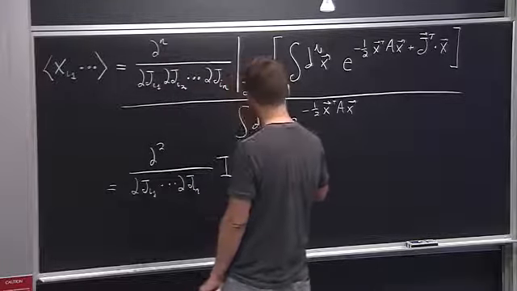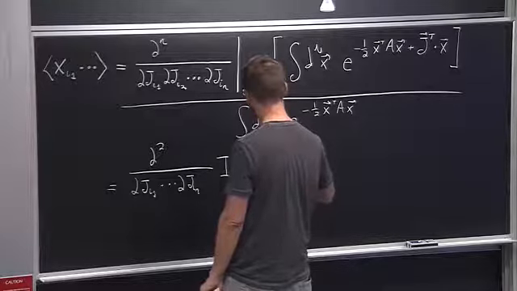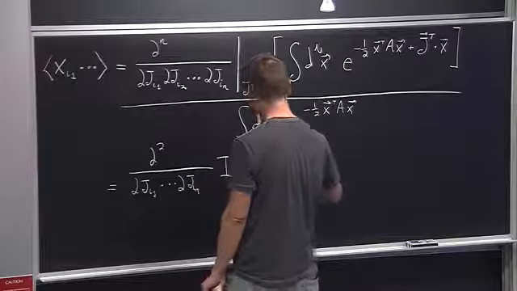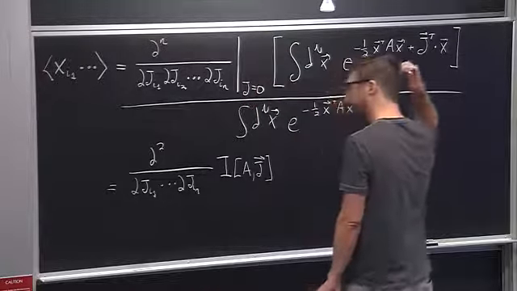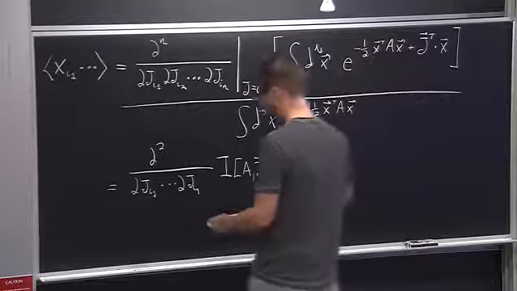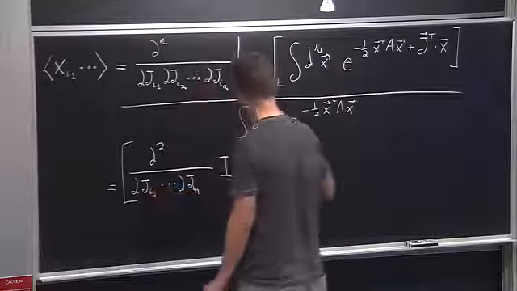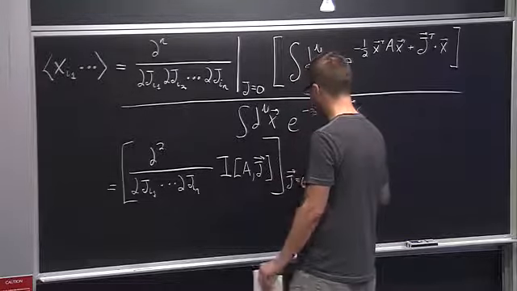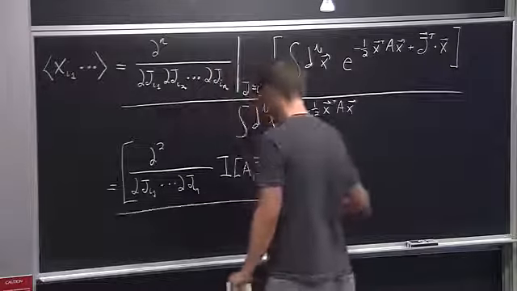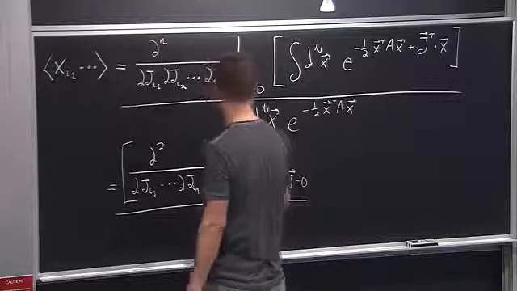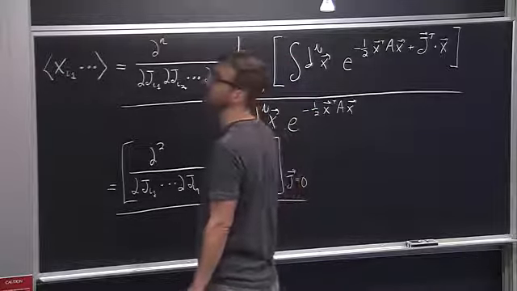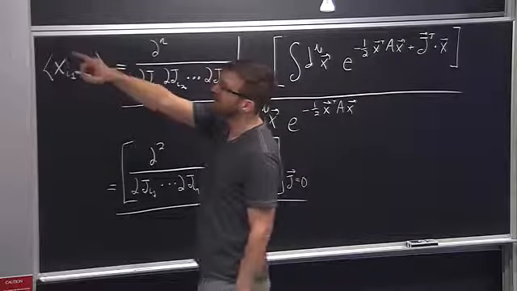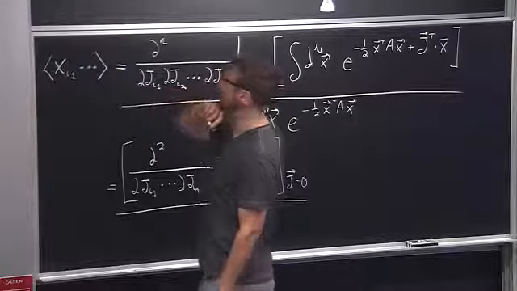What do I call that? A J. This should be J set to 0. And so then this thing on the bottom, this Gaussian, is just I, A with J equals 0, right?